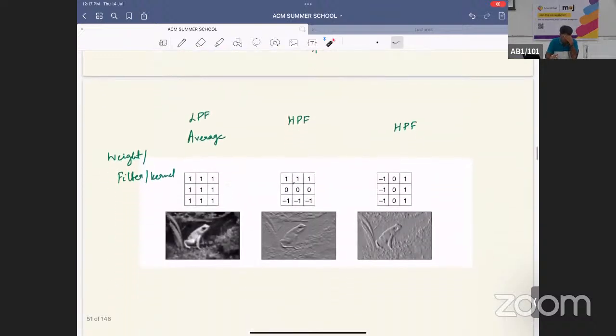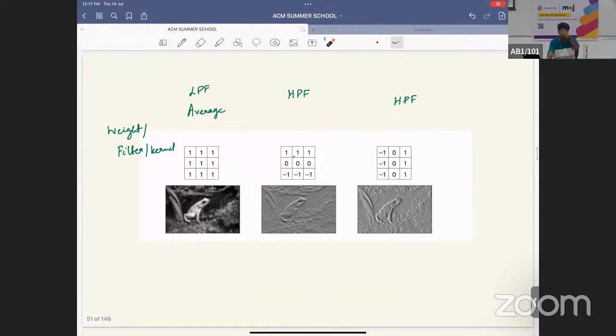As another example, which I also told in the last class, this is what people previously used in image processing. Here we are hard coding the weights, but in deep learning or neural networks we are going to learn the weights, right? Here I wrote a filter 1, 2, 1 and -1, -2, -1.